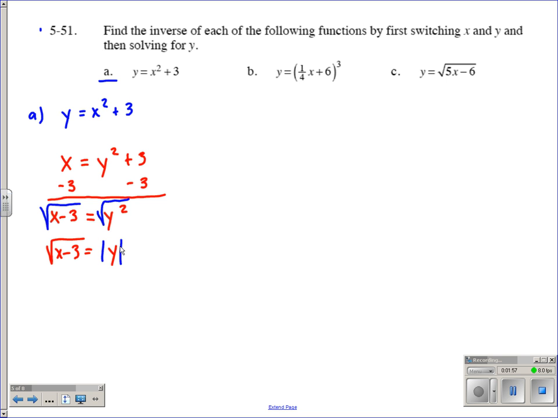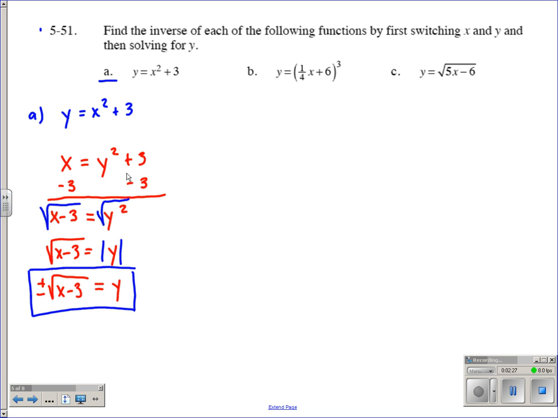And to get our y out of our absolute values, remember, we're saying here that y could be a positive version of this or the negative version of this to make that true. So we have positive or negative square root of x minus 3 should equal y. That is our inverse function here.